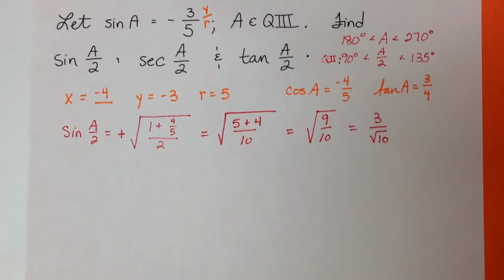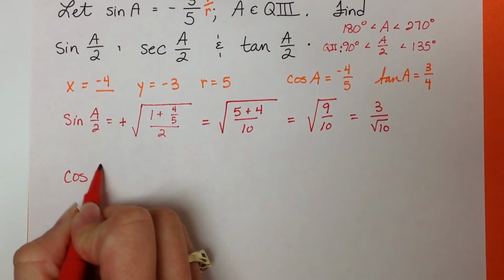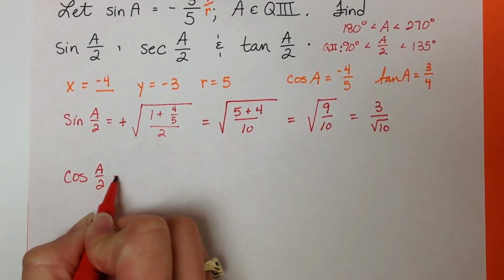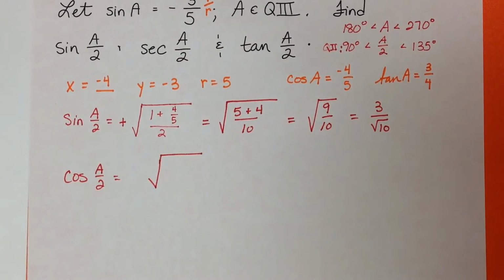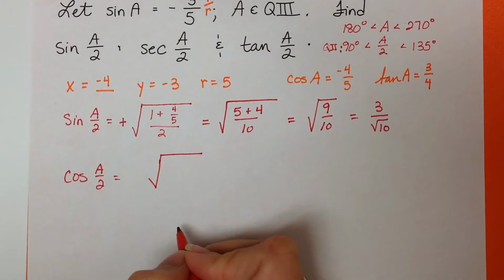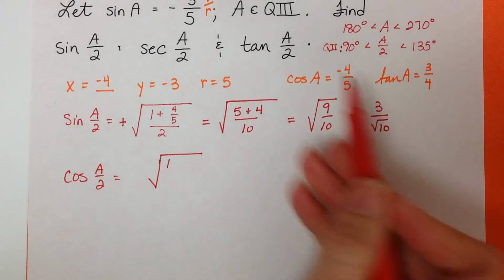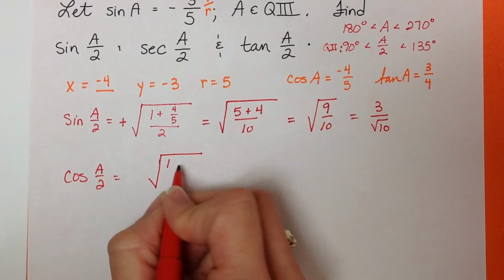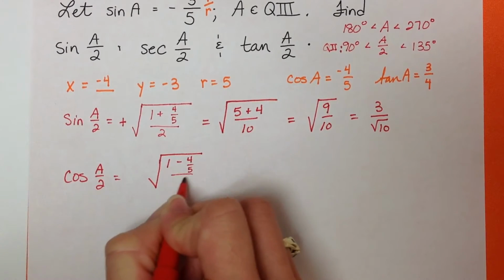Alright, so cosine will work very similar to this. Okay, so your formula there underneath your radical is 1 plus cosine. So that would, since cosine is a -4/5, you're adding a negative, so that would just be the same thing as subtraction.